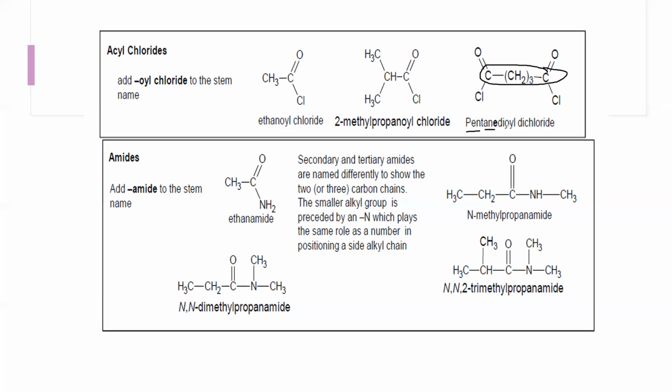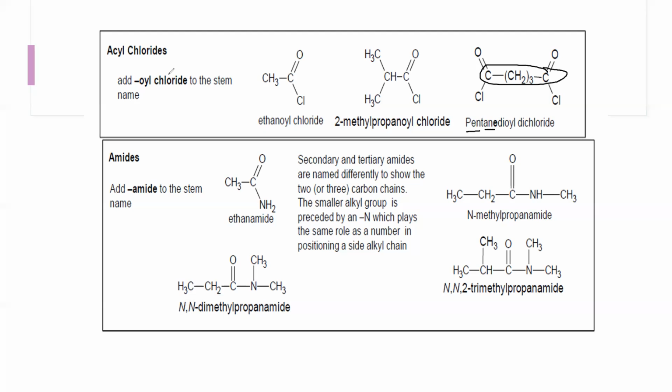Because when we say di or tri or tetra, we write the full ane. We do not remove the e from ane. So it is pentane, dioyl, and chloride because of this functional group.